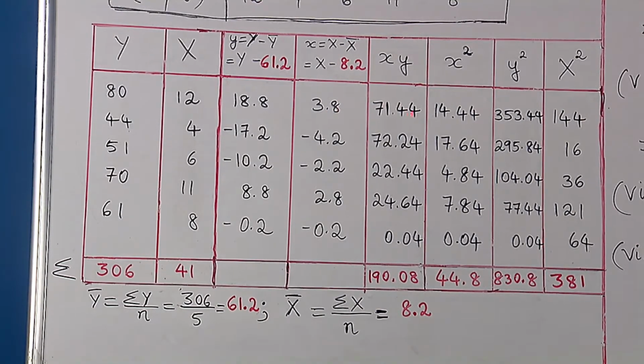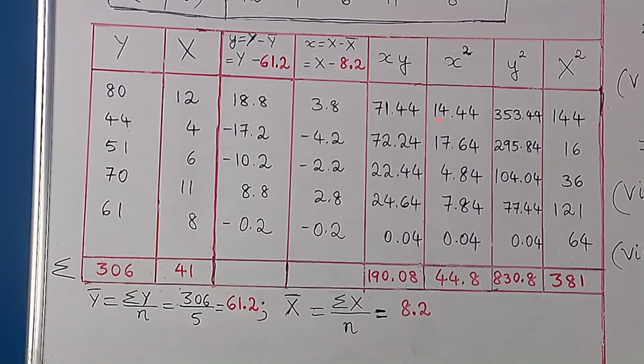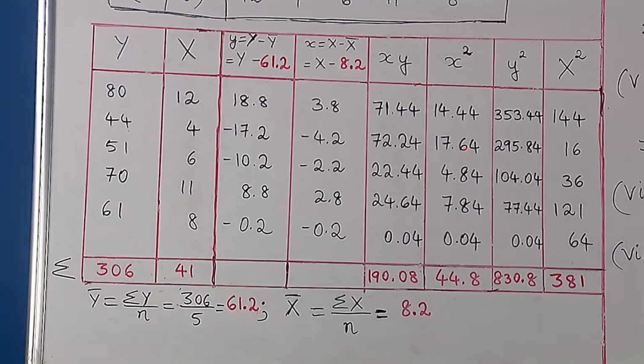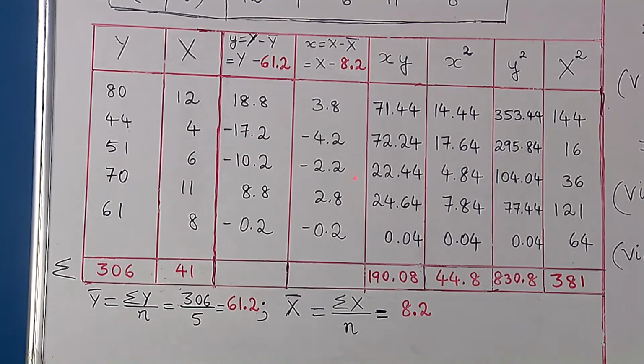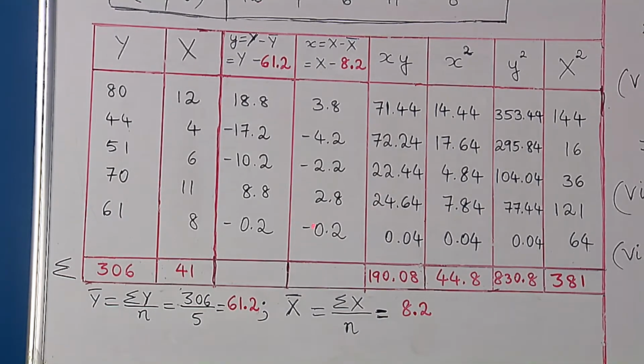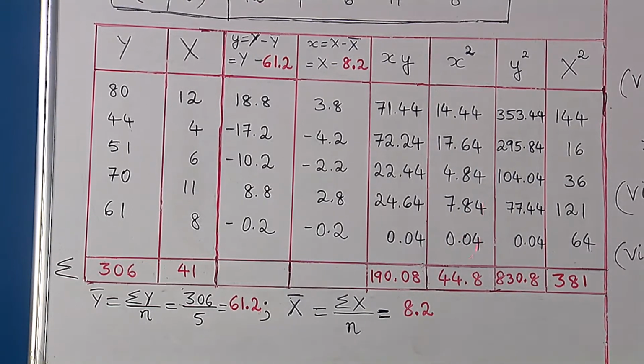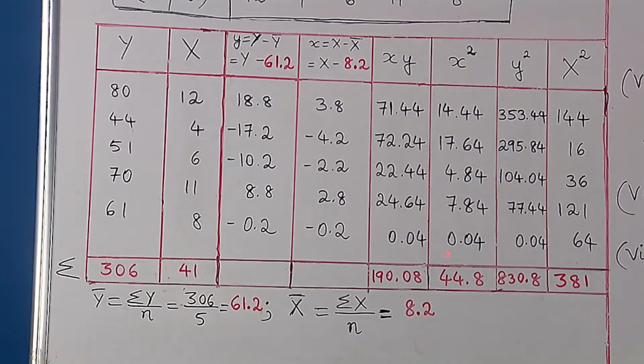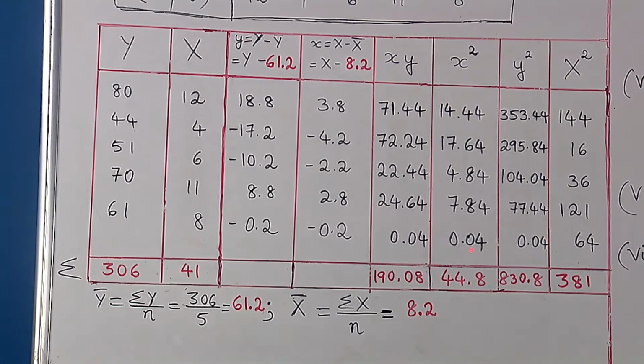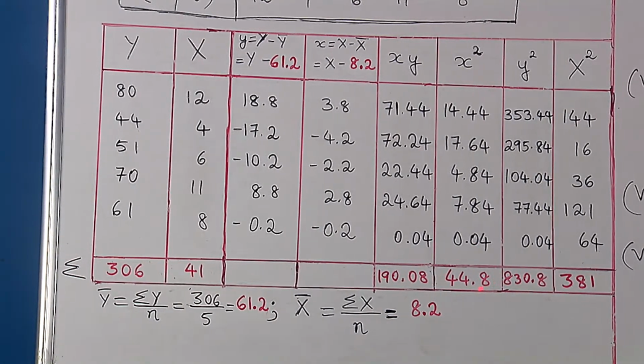When we square it, 3.8 into 3.8 gives us 14.44, minus 4.2 into minus 4.2 gives us 17.64, minus 2.2 into minus 2.2 gives us 4.84, 2.8 into 2.8 is 7.84, minus 0.2 into minus 0.2 is 0.04. In the same way, we total these squared values of small x and we get the total as 44.8.